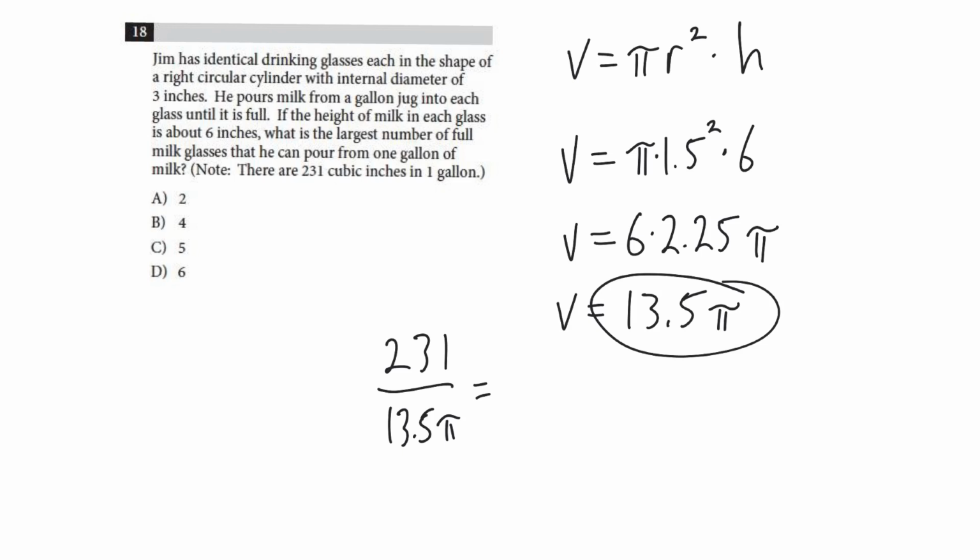Oops, I should be divided by. We see that we get about 5.44 glasses. So how many full glasses can we pour? Well, we can't pour 6, but we can pour 5. We'll have a little bit of milk left over.